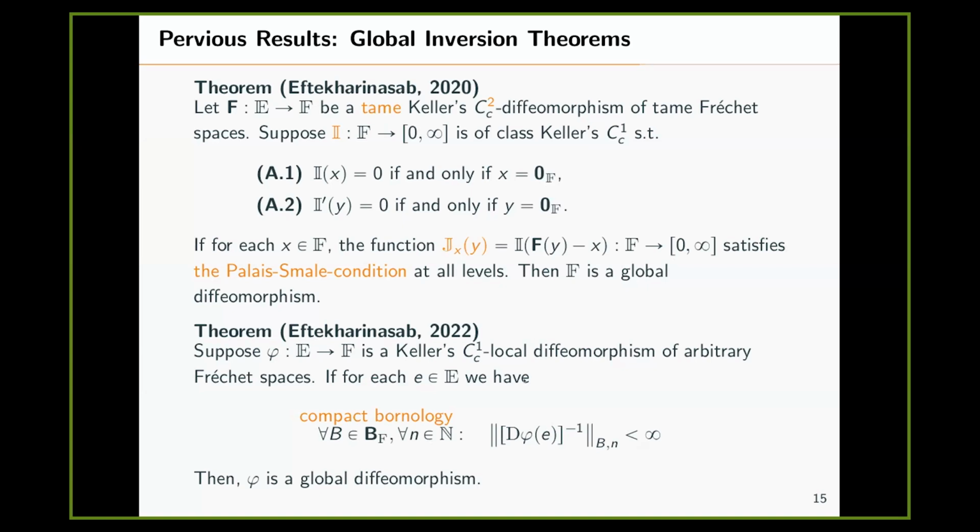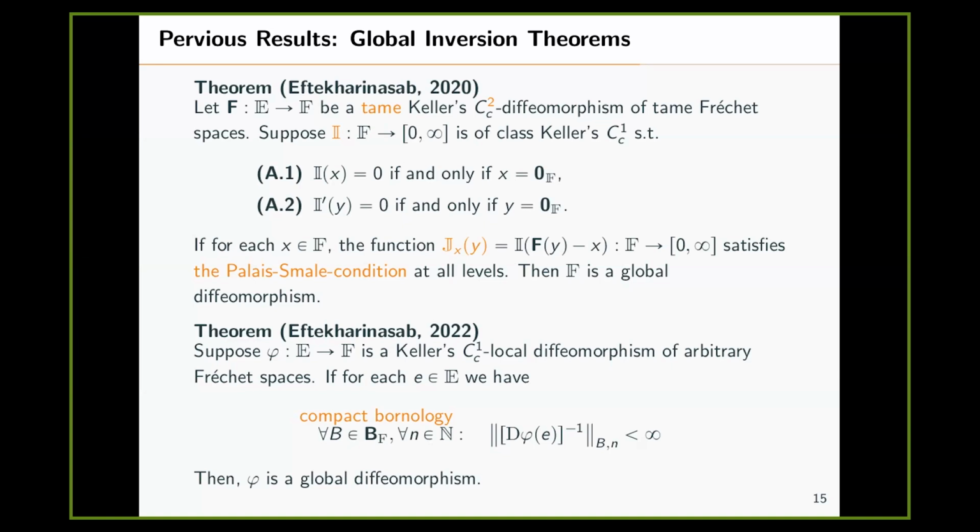And another result uses homotopy theory and is of a completely different nature. Here, if we have a local diffeomorphism between arbitrary Fréchet spaces, and if the inverse of the derivative is bounded, then it is a global diffeomorphism. So here we have conditions of a completely different nature, and it is not very clear to me how they are all connected.